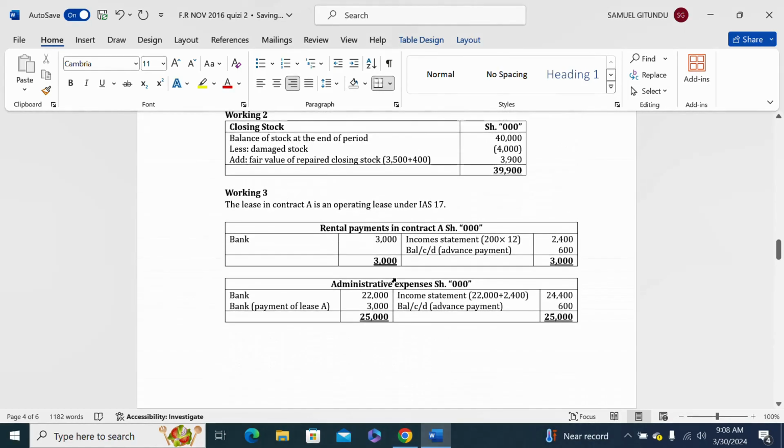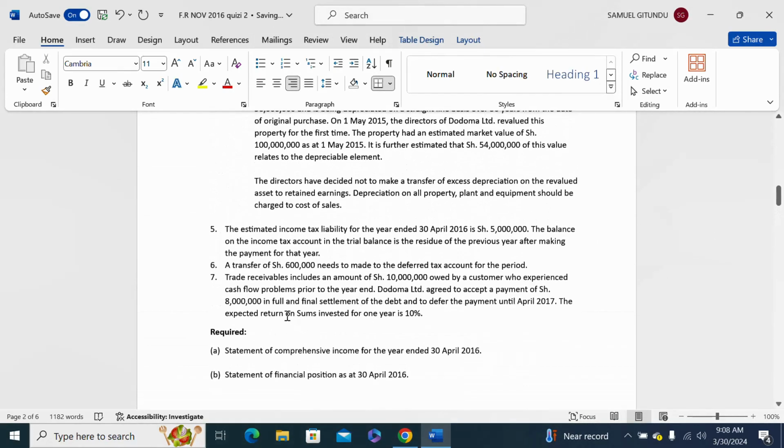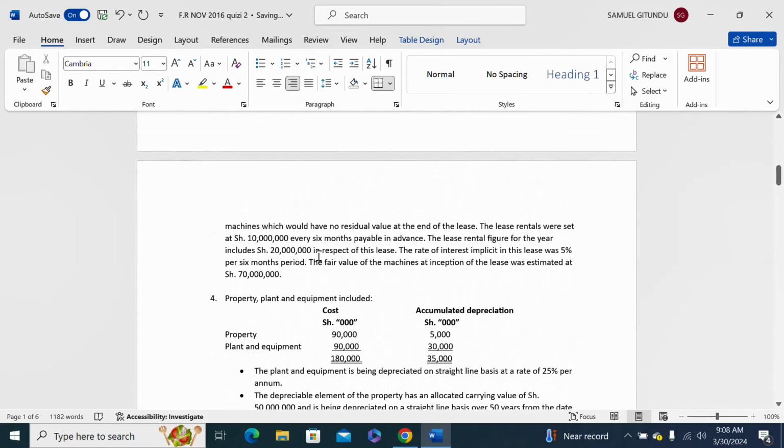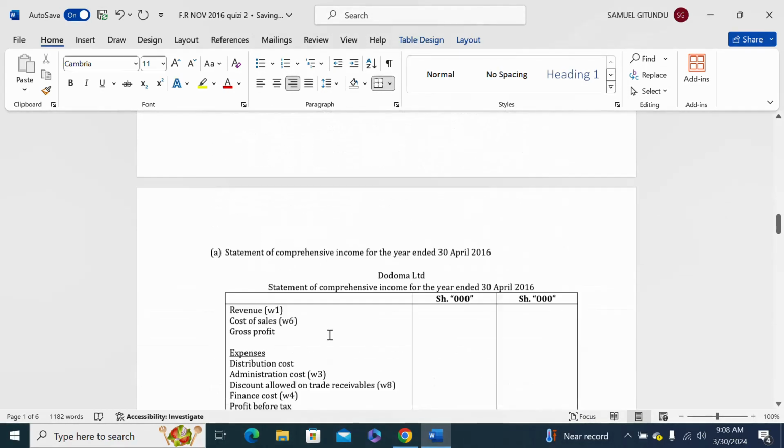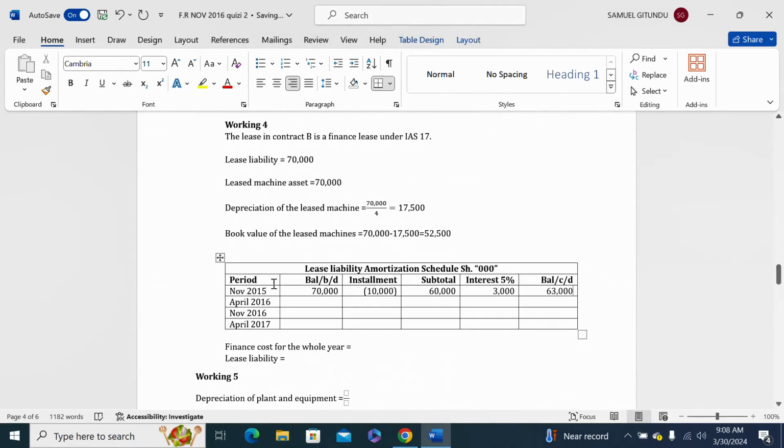These rentals are being paid half yearly. We have been told they are being paid half yearly. Let us check that one. They are being paid per 6 months. That is half yearly. So now we go from April 2016.